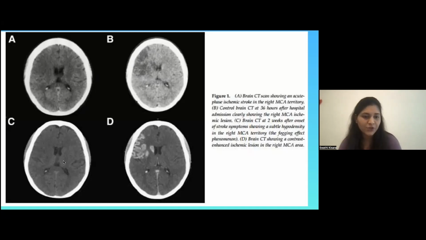And the third image here is the CT image that is taken after 2 weeks, and in this image we are not able to clearly appreciate the infarct. This is the subacute stage of the infarct, which can be very misleading. And this is the contrast-enhanced axial CT image showing the infarct with contrast enhancement.